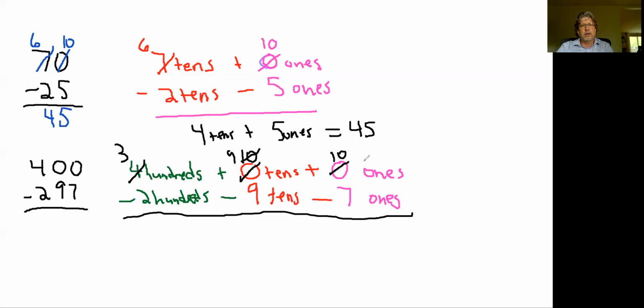So I'm just rewriting it in a format that allows me to go place value by place value by place value. So if I focus on 10 ones, take away 7 ones, that's going to give me 3 ones. And that's going to combine with 9 tens, take away 9 tens, is going to be 0 tens.